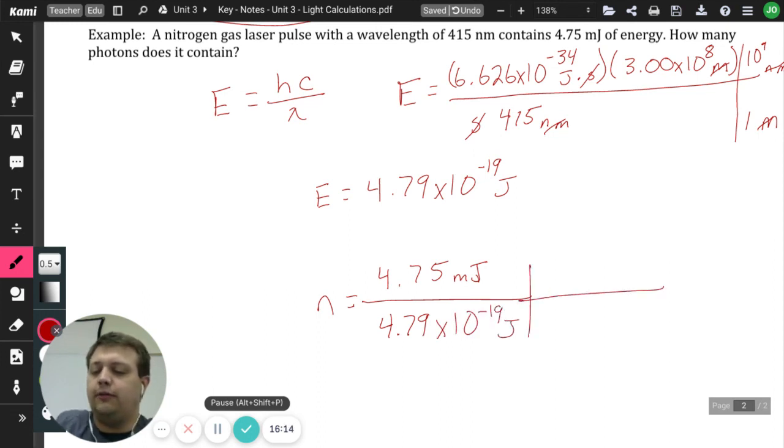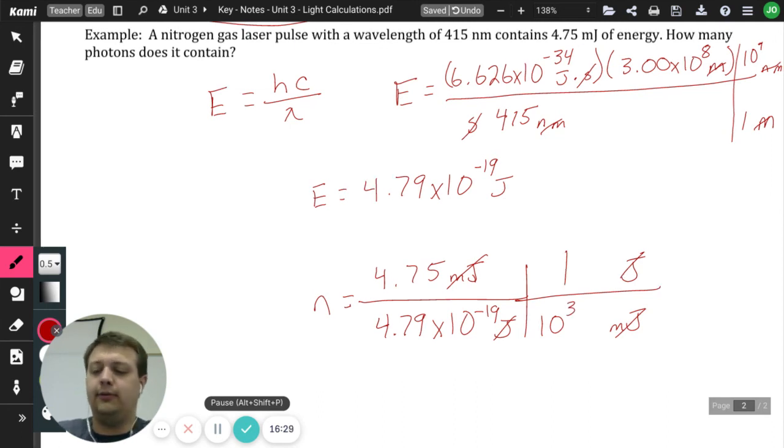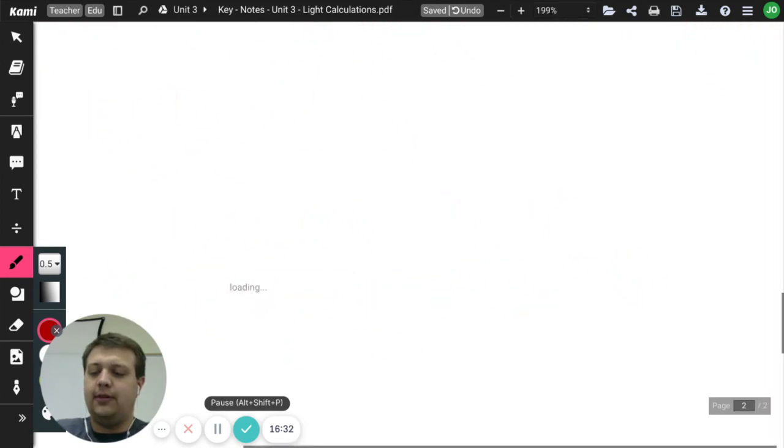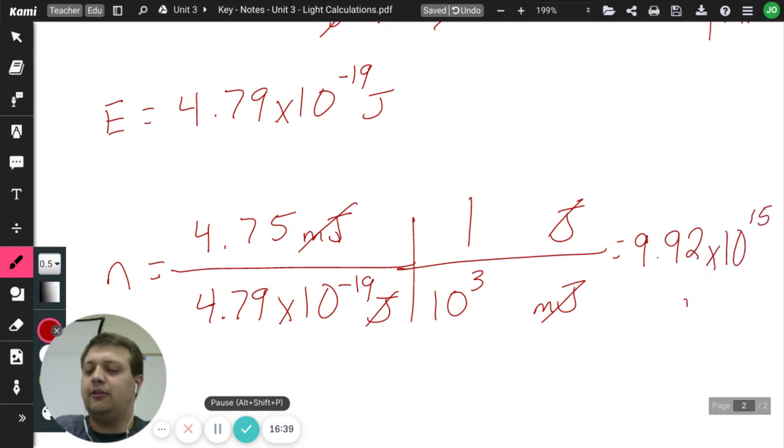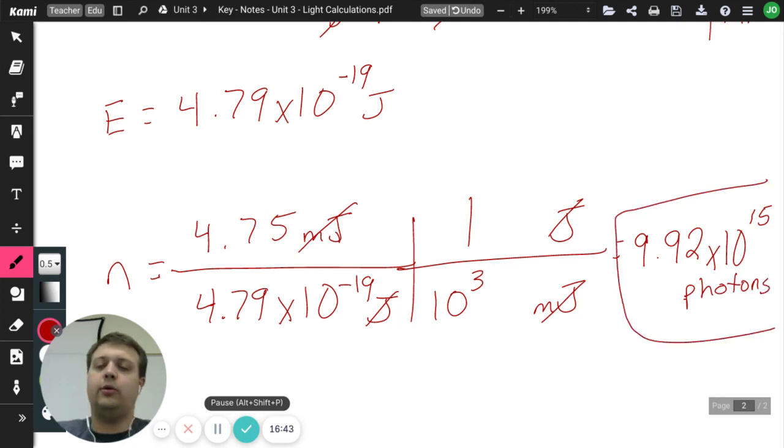We're going to convert from millijoules into joules. Cancel those out. We know that there are 10 to the 3rd millijoules for every 1 joule, or 1,000. We're going to plug that into our calculator, and we will find that we have 9.92 times 10 to the 15th photons. So that would be our final answer.